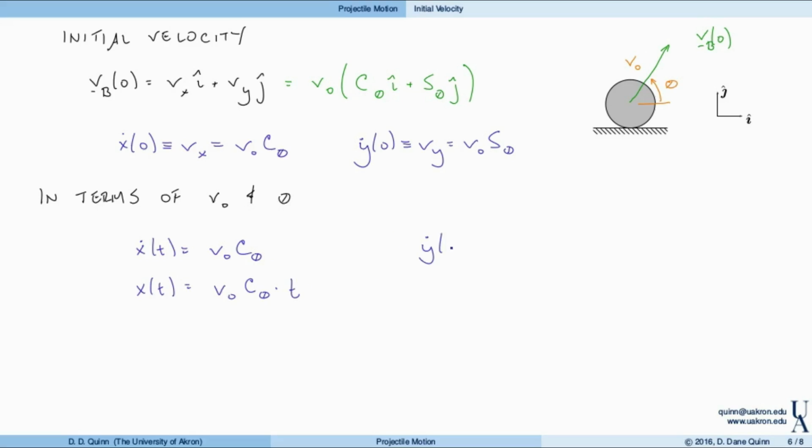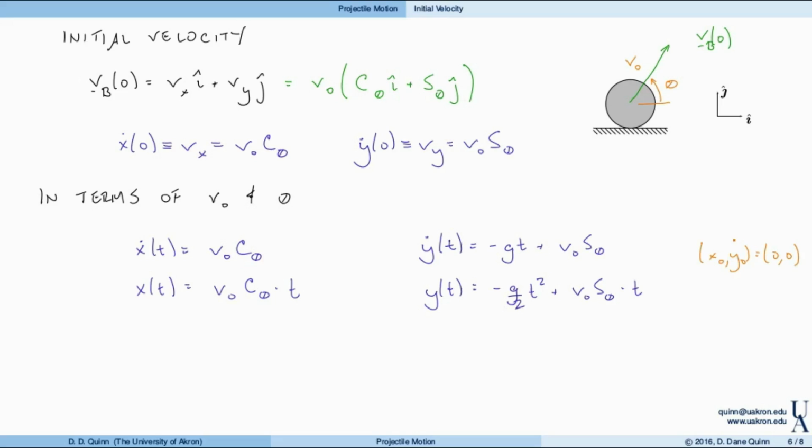Doing the same for y, we find that y dot is minus g times t plus v naught sine theta, and y of t is minus g over 2 t squared plus v naught sine of theta times t. And of course, both of these assume that x naught and y naught are equal to 0.